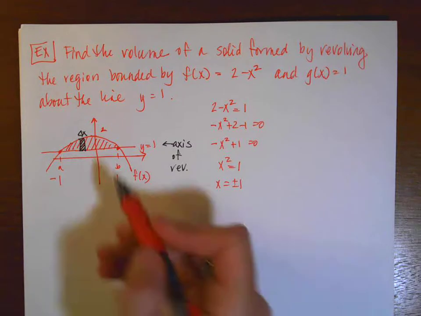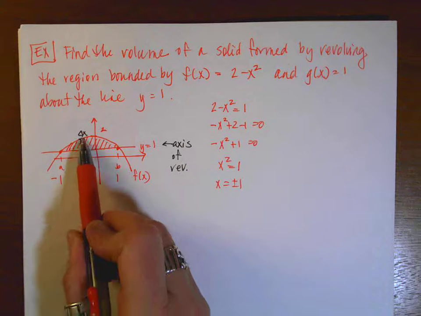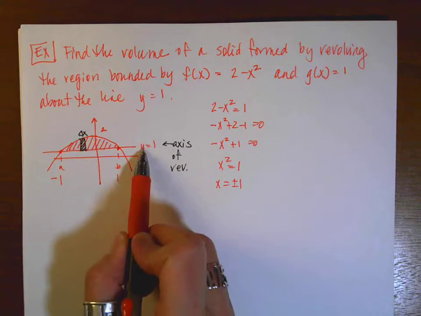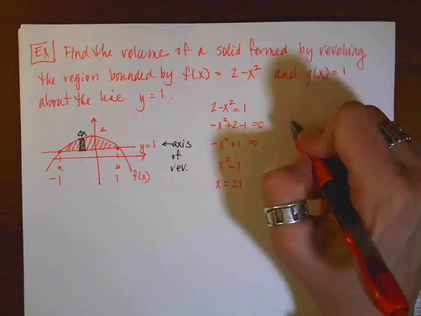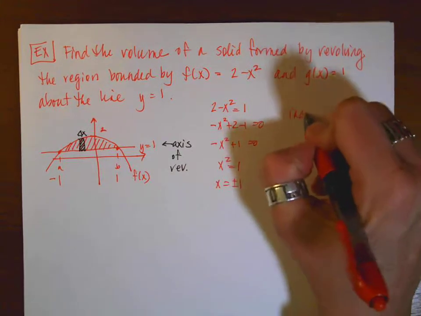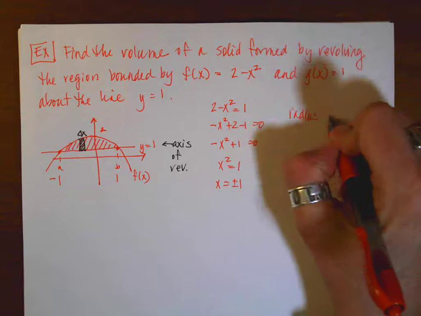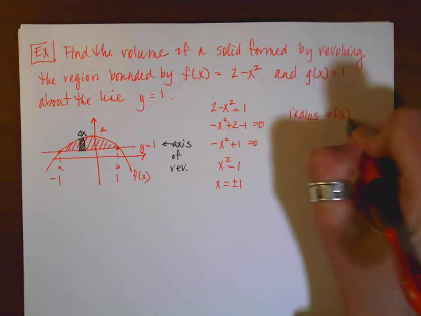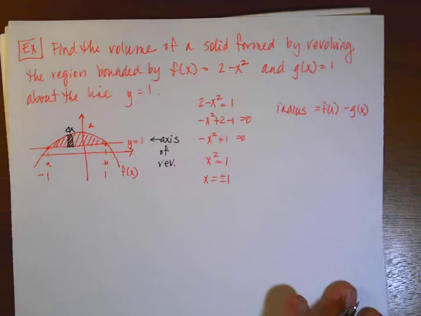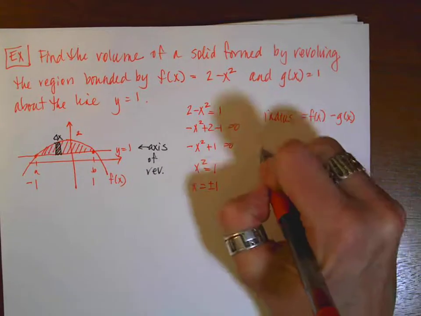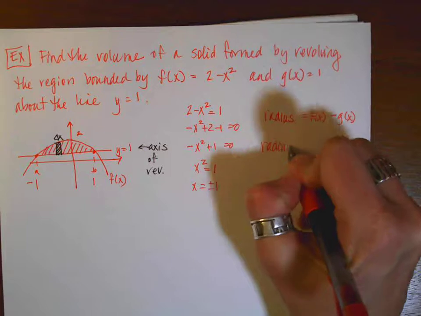Alrighty, so the height of my object this time, because it's still in here, but because this isn't sitting on the x-axis, the height or the radius, so I'm going to write radius since we're talking about circles, is going to be f of x and then minus my g of x because it's not sitting on the x-axis.